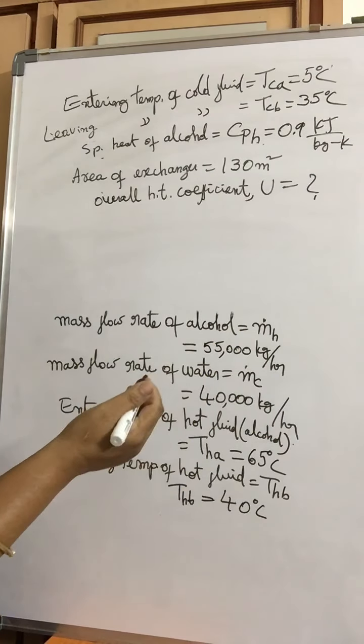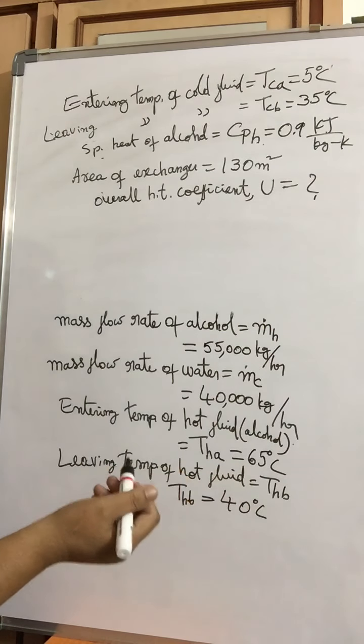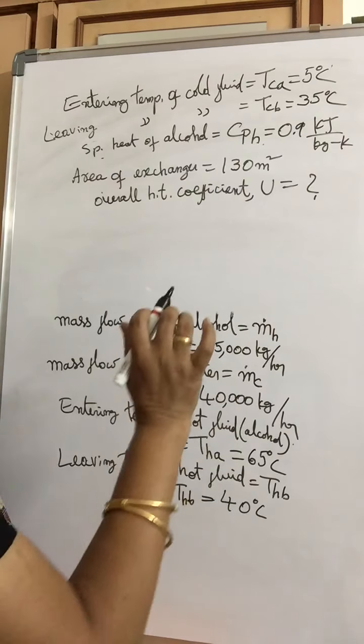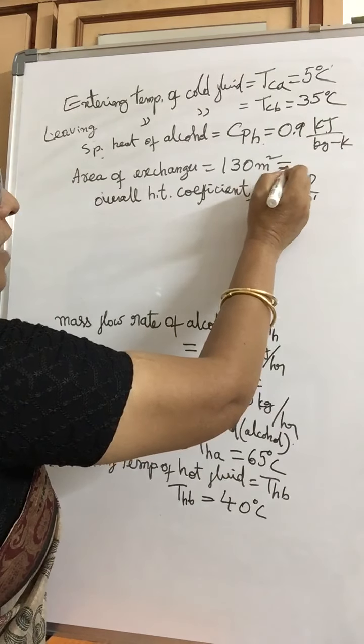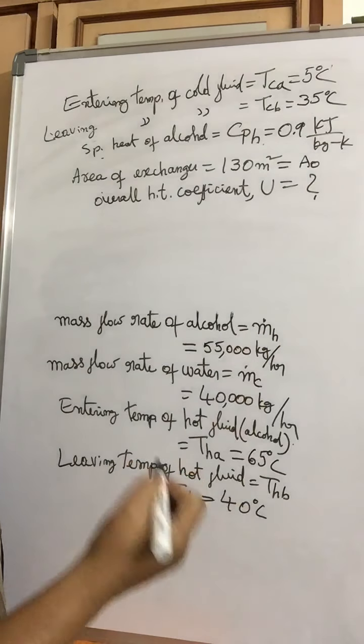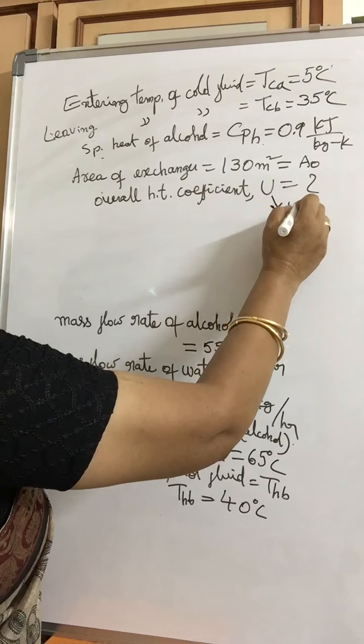In the same way, it is not mentioned whether the area of the exchanger is based on the outside surface of the inner pipe or the inside surface of the inner pipe. In such a case, you always assume it as based on the outer surface of the inner pipe wall, and assume it as U naught.